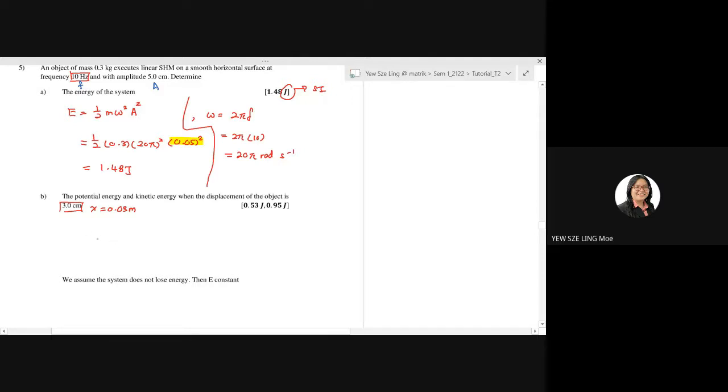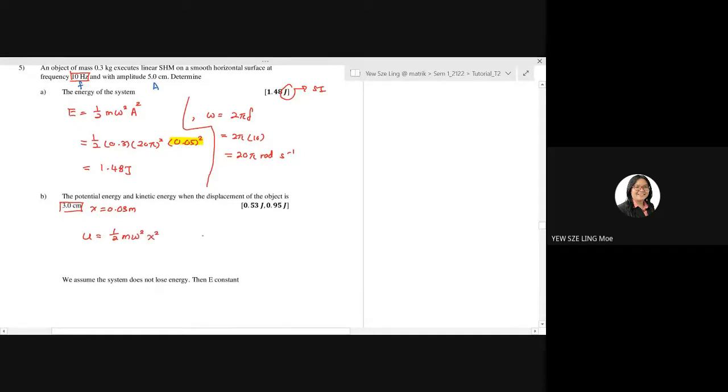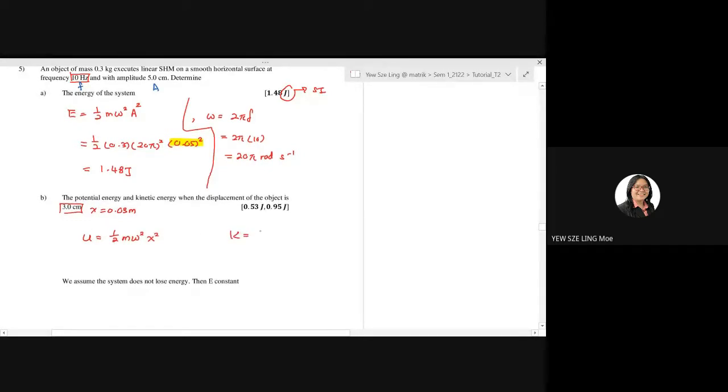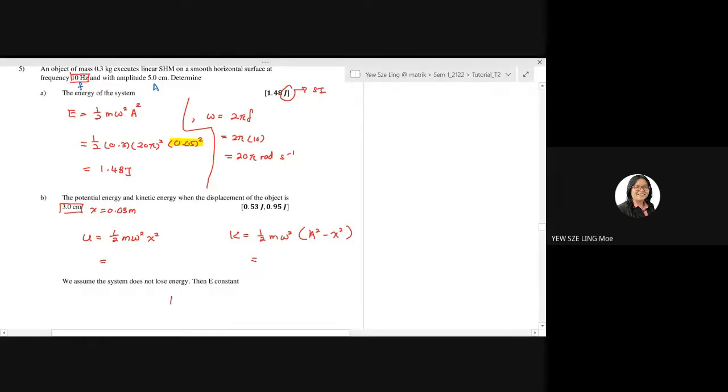U equals 1 over 2 m omega square x square, and K equals 1 over 2 m omega square times A square minus x square. You calculate it by using these two equations, or you can assume the system does not lose energy, so you can also use this relationship.